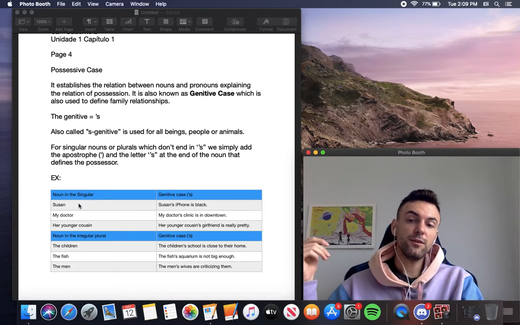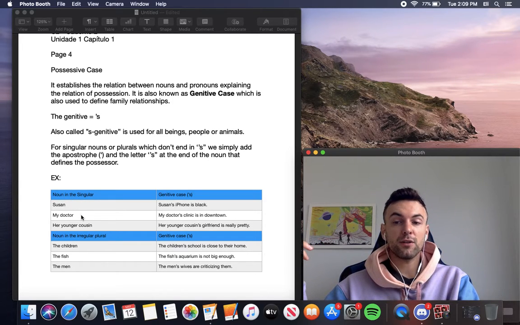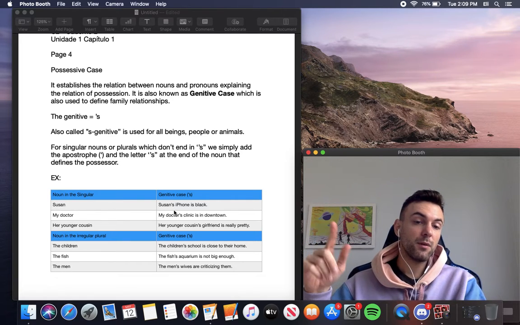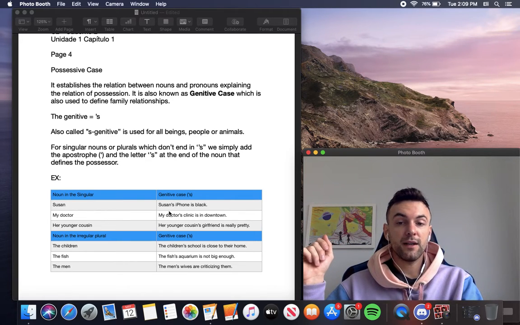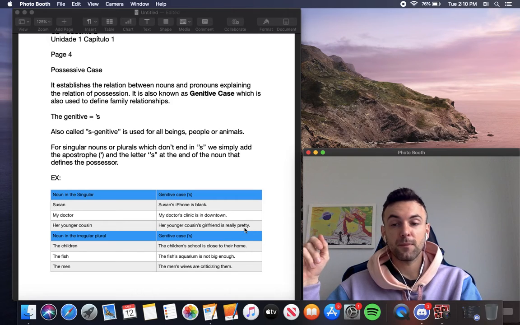Some nouns in singular: Susan, my doctor, and her young cousin. So I added the apostrophe s at the end of the possessor. So Susan's, my doctor's, her young cousin's. So Susan's iPhone is black. My doctor's clinic is in downtown, and her young cousin's girlfriend is really pretty.